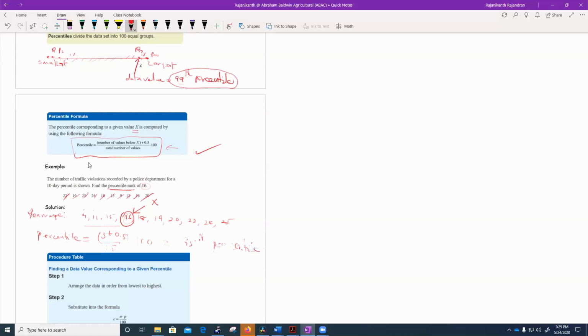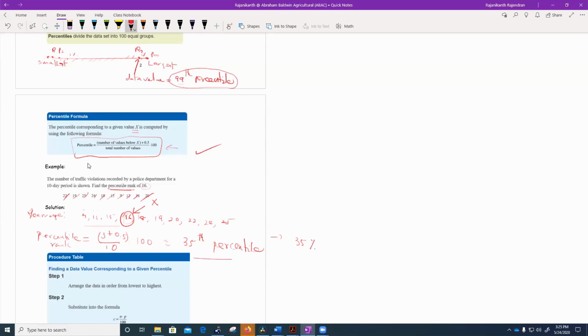In some books, they write the percentile rank as a percentage. Either way, you could write either in percentage or in words like this. So the 35th percentile will be the actual data 16. That means the number of data values smaller than 16 contributes 35% of the entire data.